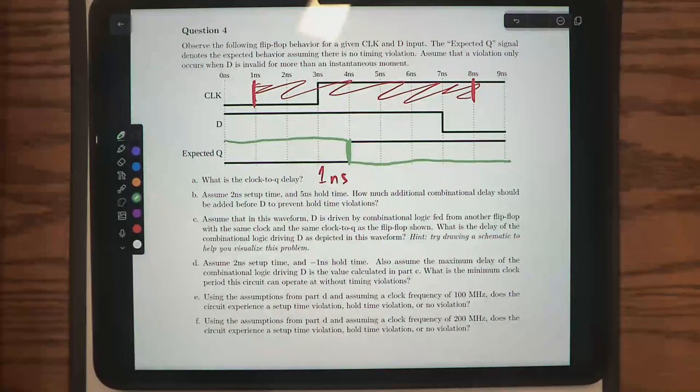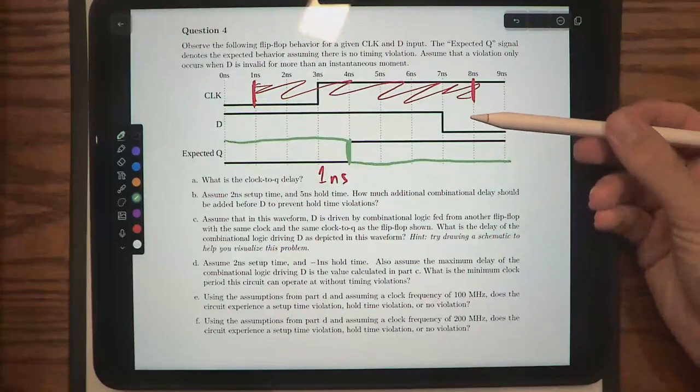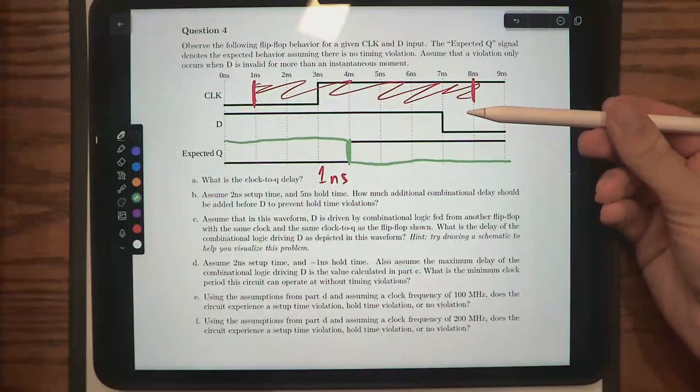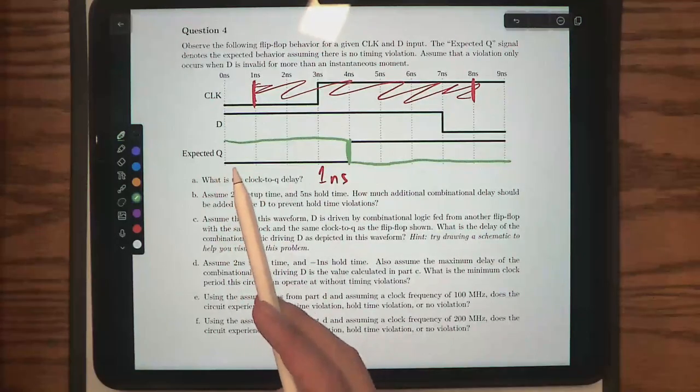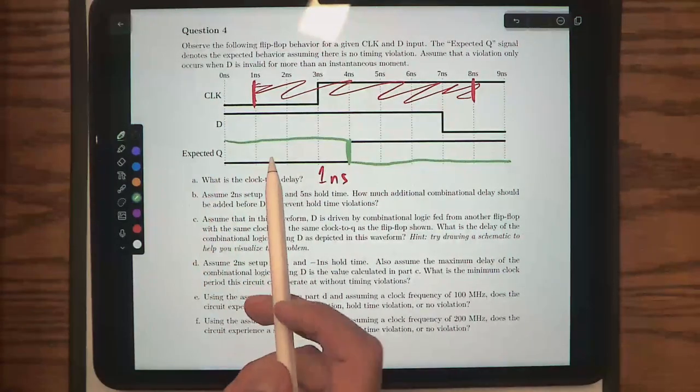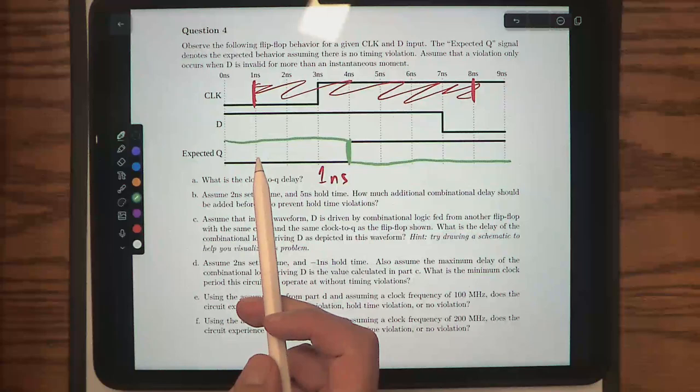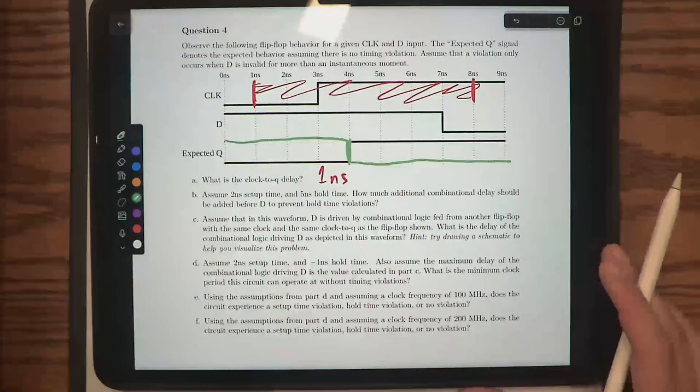Question. I had a quick question on why it would be a setup violation, because I was under the impression that a setup violation was happening in the first 2 nanoseconds. Yes.